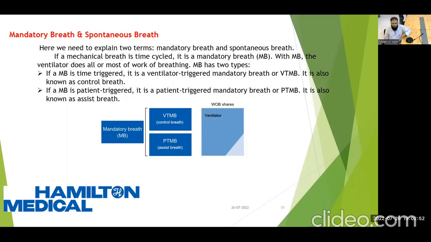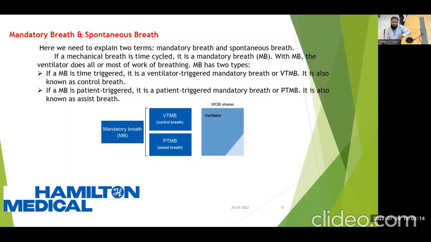Let's consider we set the BCT, or breath cycle time, of 3 seconds. So in every 3 seconds, the ventilator knows to generate a new breath. This breath is called a mandatory breath, or ventilator triggered mandatory breath.